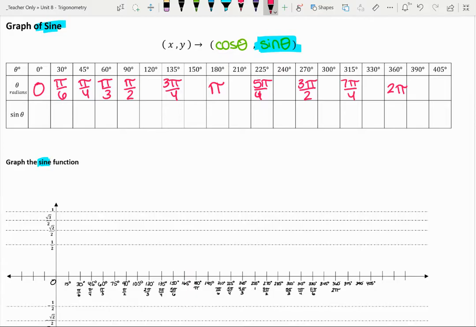And then we've got some other thirds and sixths to fill in. So 2 pi/3, 5 pi/6, and remember that makes sense because right after 5 pi/6 would be 6 sixths, or 1 pi. And then 7 pi/6, 4 pi/3, 5 pi/3, and 11 pi/6.